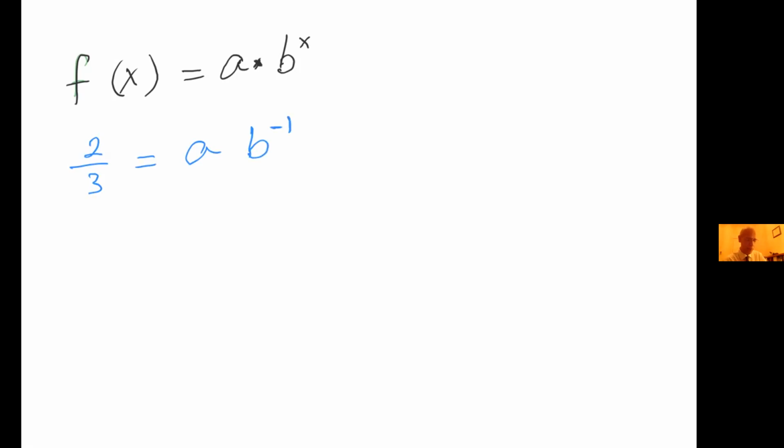And using the second point, I can claim that 18 equals some a times some base to the power of 2. Notice that I have 2 equations. Let's call this one equation 1 and this one equation 2. And I have 2 unknowns, a and b.